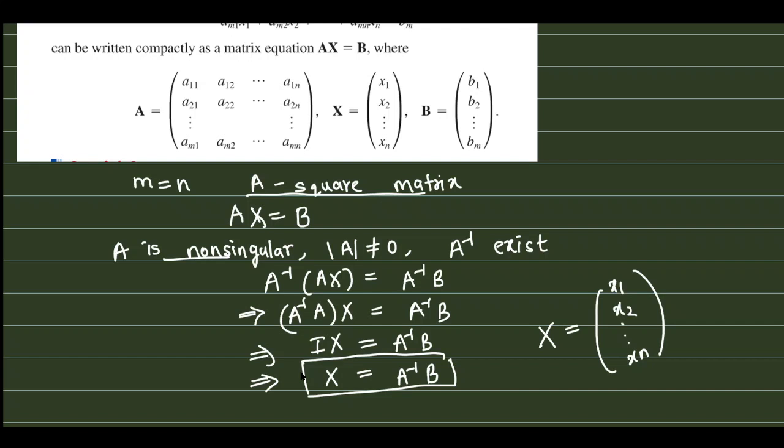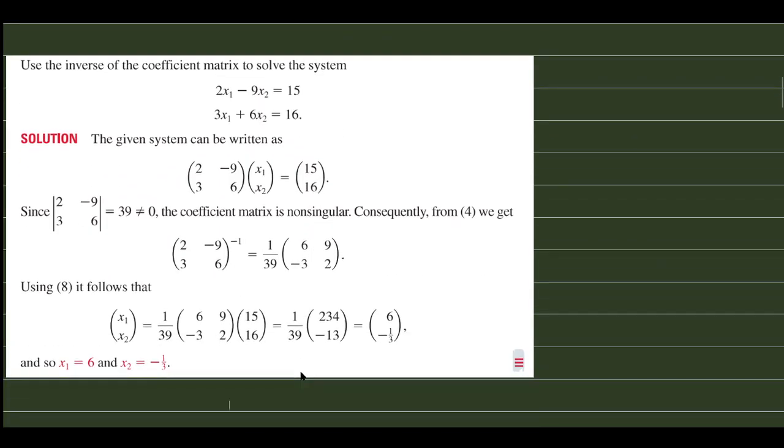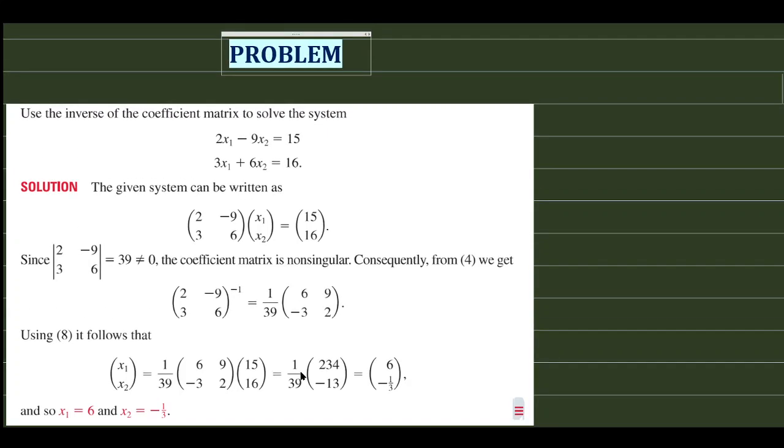So we know how to find A inverse. We multiply it with the b vector, so you will get the unknown x. For example, we will see this problem.